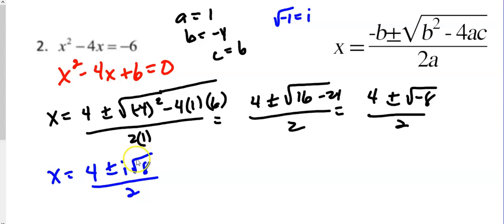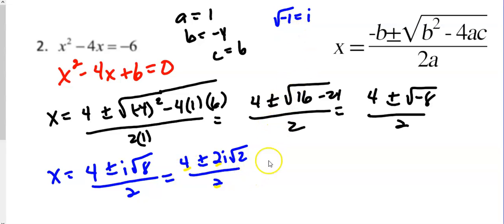And now I will simplify the square root of 8 as I typically would, making sure that i is in front of the radical. So this becomes 4 plus or minus 2i square root of 2 all over 2. Again, we have 2, 2, and 4.